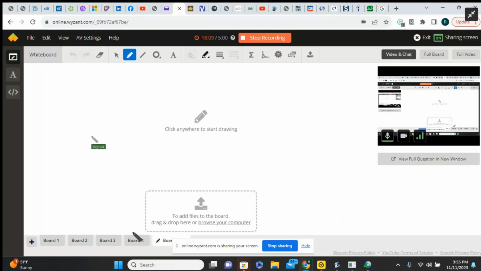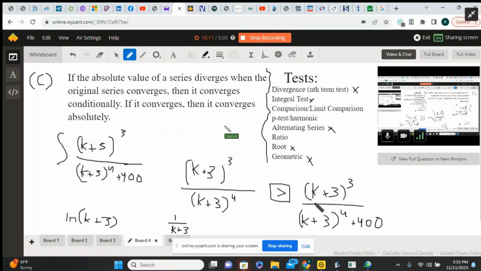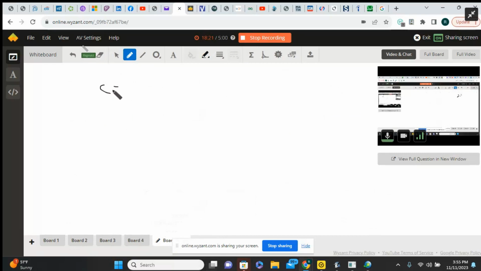So we have C equal to the limit of a sub n over b sub n. If C is equal to 0, it converges. If C turns out to be infinity, it diverges.